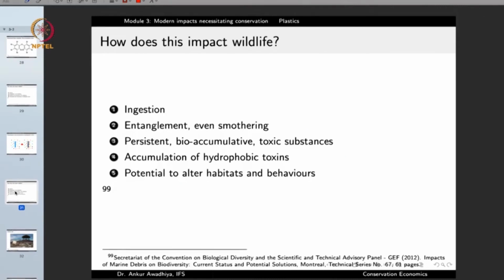Then they also have the potential to alter habitats and behaviors. The habitat, as we have seen, is the natural home or abode of an organism, and plastics have the potential to change the homes of animals. And once their homes are changed, their behaviors also change.